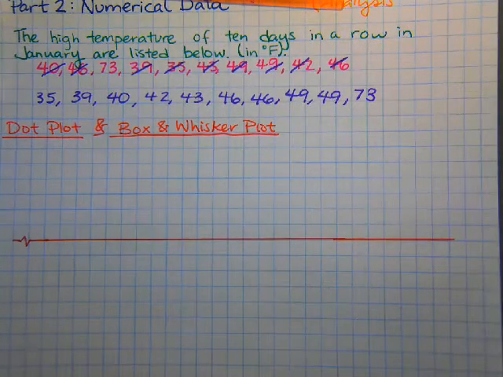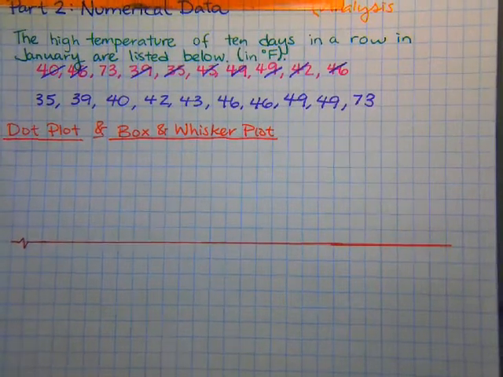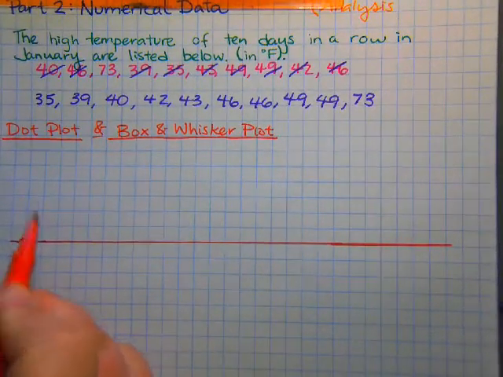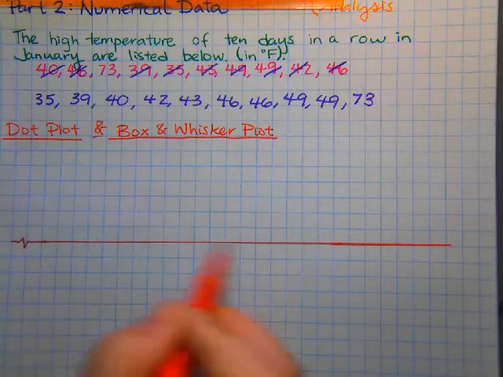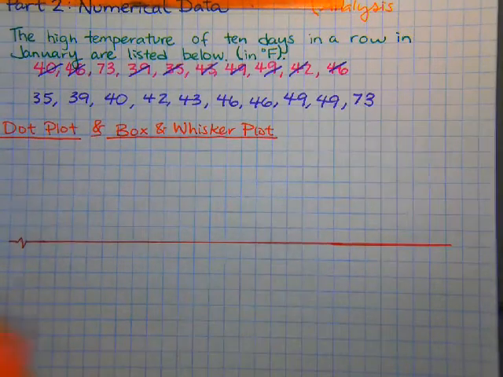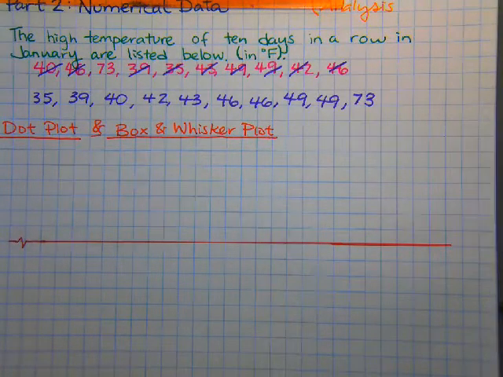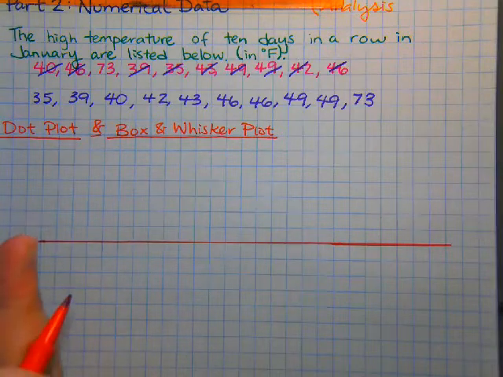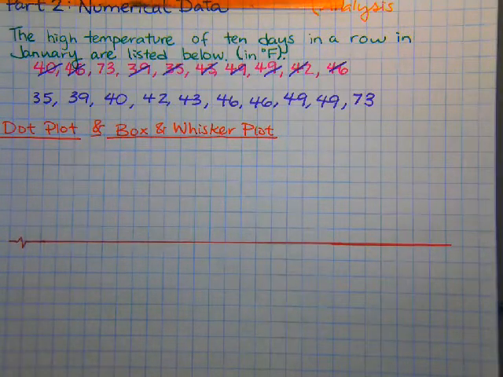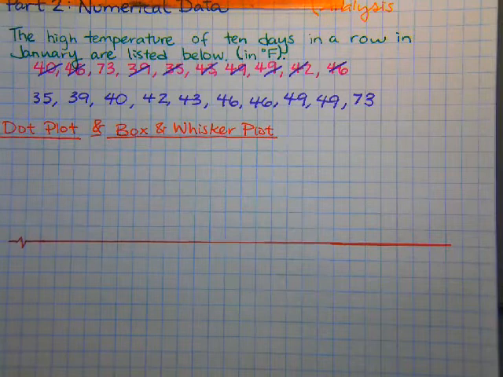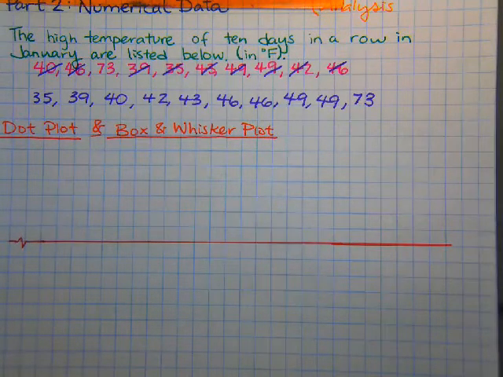So I need to figure out how I want to scale this because you're not just listing the numbers and then doing dots of them. You need to show a scale because there is a numerical relationship here that the distance between 35 and 39 is not the same as the distance from 39 to 40. Whereas when you look at categories, the categories can be evenly spaced because they're just all separate entities.